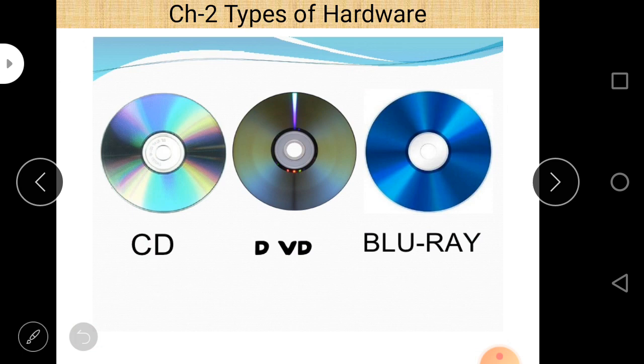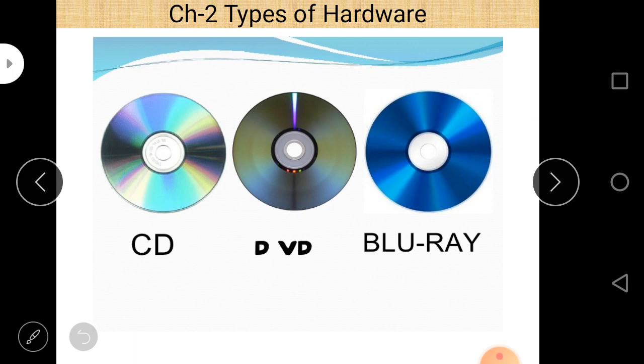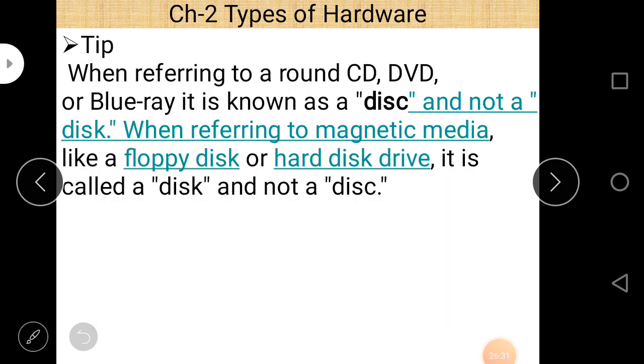Next, you can see this is a CD, this is a DVD, and this is a Blu-ray disc. One more important thing: CD, DVD and Blu-ray are optical discs.